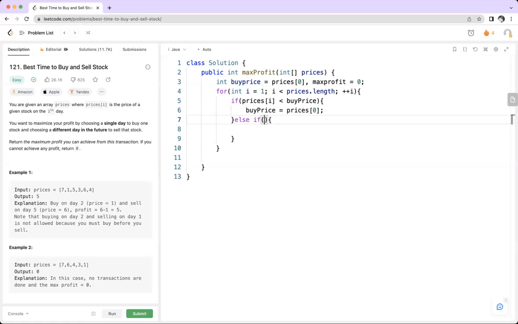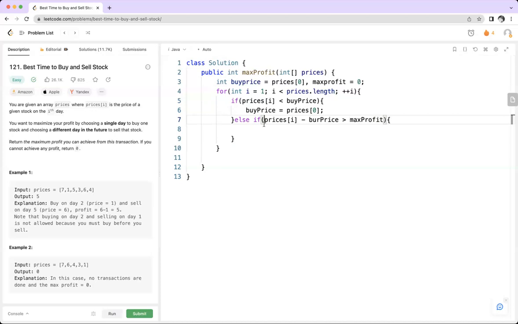So now we have bought it and we have a buy price with us, which is the minimum of all the prices till now. And now, once the buy price is there, we check whether prices[i] minus buy price is greater than max profit.